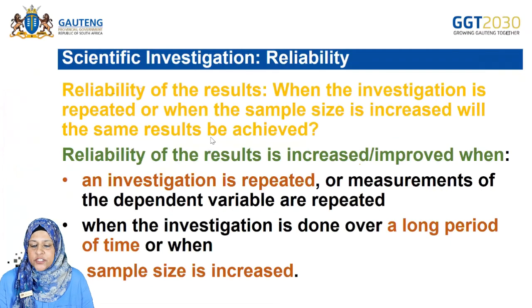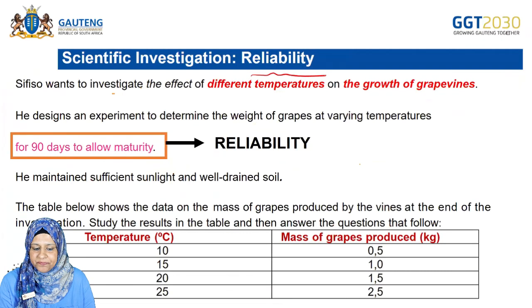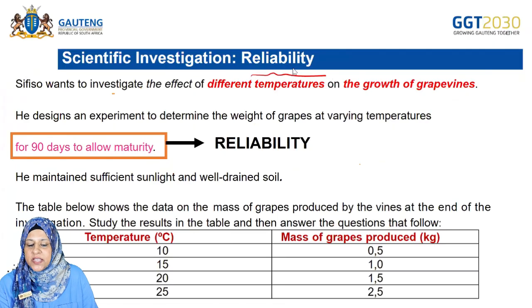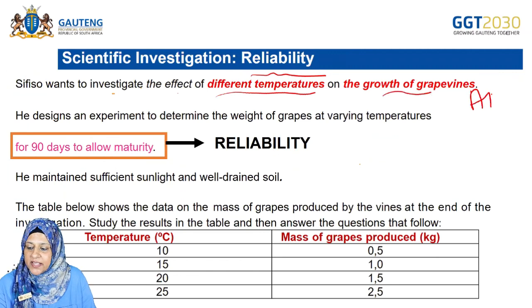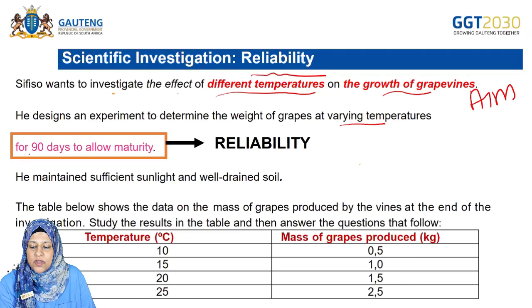Right, we're now going to look at reliability. Sifiso wants to investigate the effect of different temperatures on the growth of grapevines. Again, that's our aim. He designs an experiment to determine the weight of the grapes at varying temperatures for 90 days.